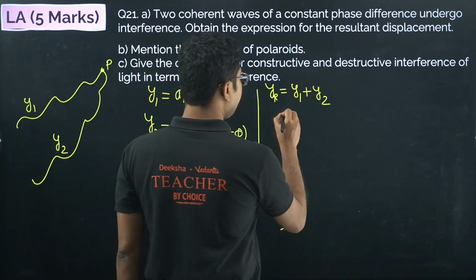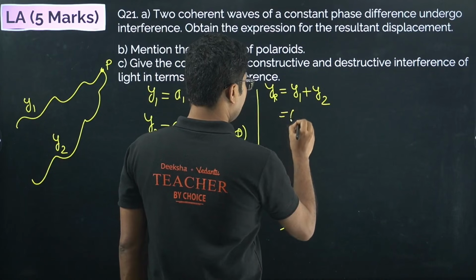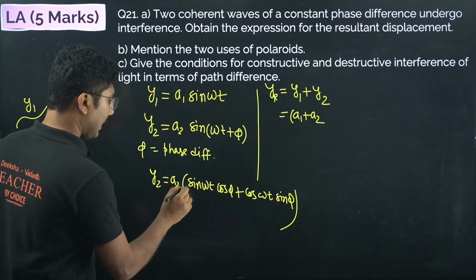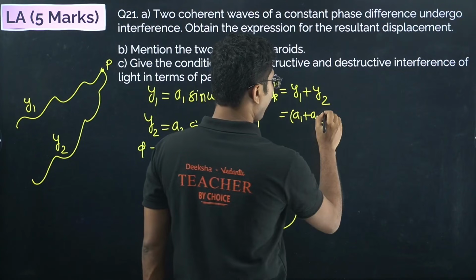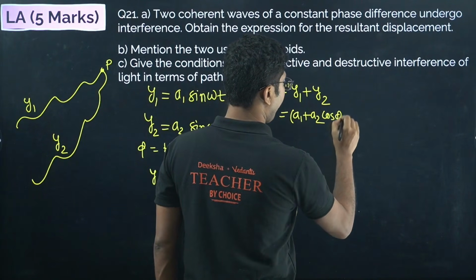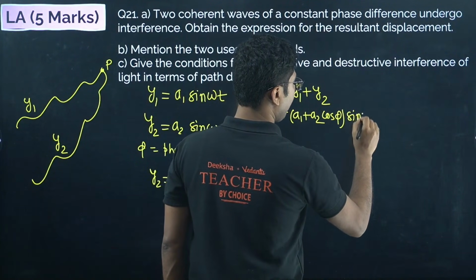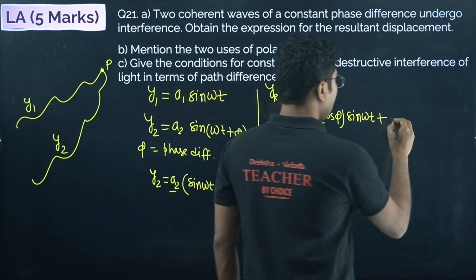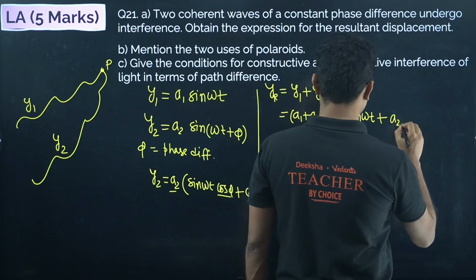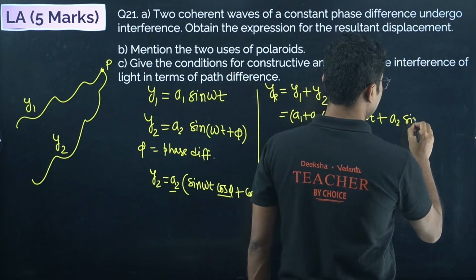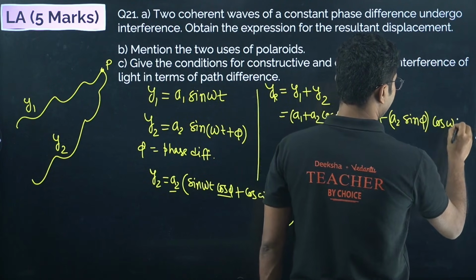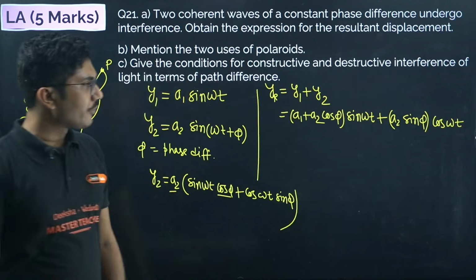So we can write them as (A1 plus A2 cos phi) sin omega t plus A2 sin phi cos omega t. Okay, so these are the two terms.